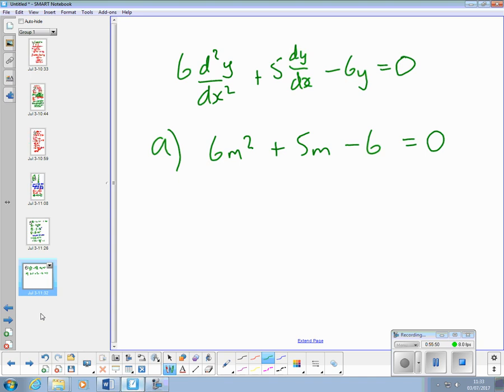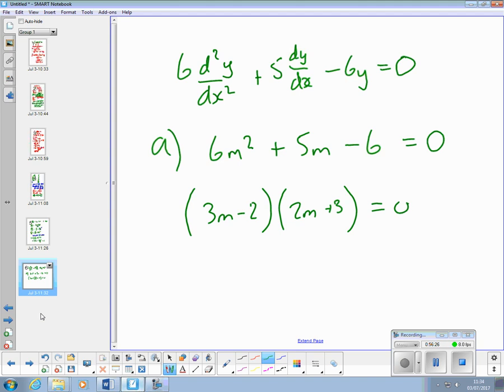So you can choose whatever method you like to solve that quadratic equation, factorization, or use the formula. I'm not going to go through that now. I'm going to write down what I've got here by factorization. So it does factorize to 3m minus 2, 2m plus 3 is equal to 0.